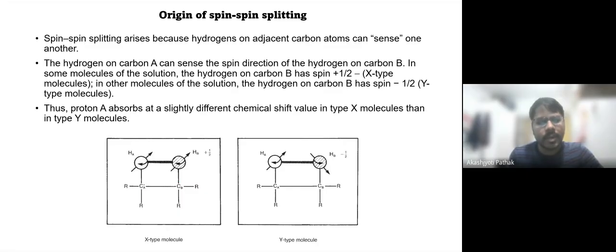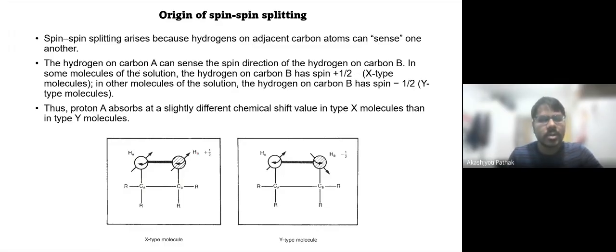Carbon A is attached to two R groups, similarly carbon B is attached to two R groups, and carbon A is also attached to a proton labeled HA, and carbon B is attached to a proton labeled HB.